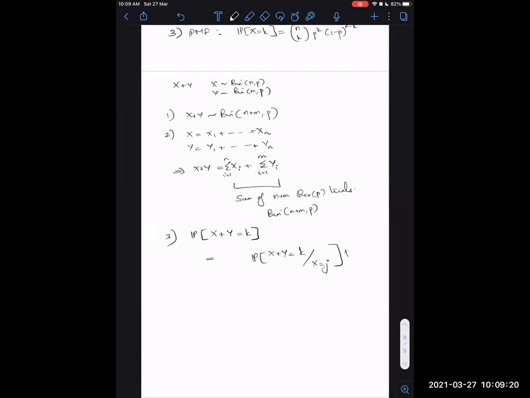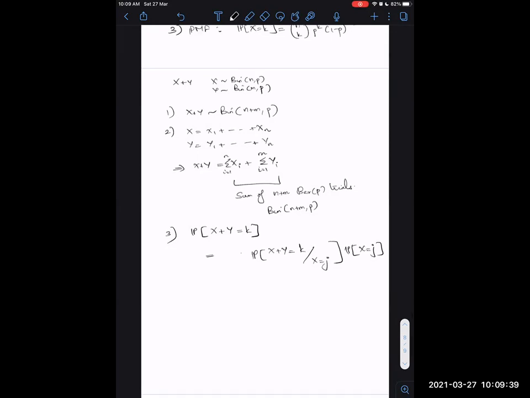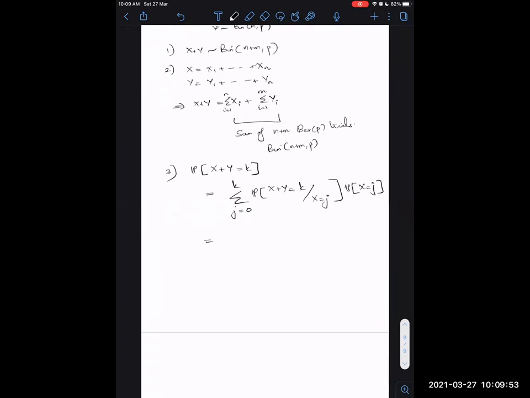And by LOTP, law of total probability, I mean, this is just conditioning. So this is just probability of A intersection B. All right. And I'm splitting it up. So X can take values from 0 to k, and I've fixed it at j for just seeing it.